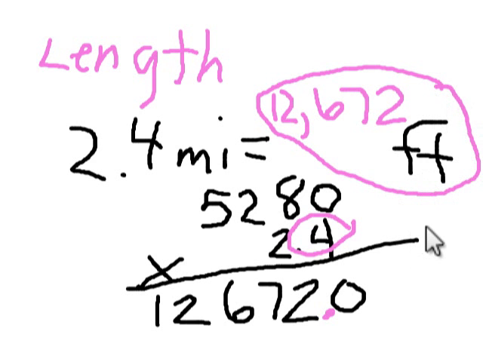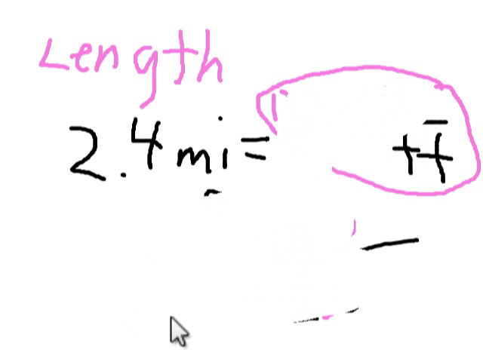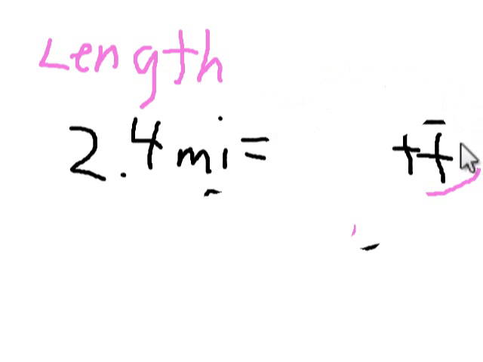Okay, so we're going to do one more example, and the reason I want to do one more example is because I want to take this same idea, and instead of changing 2.4 miles into feet, we're going to change 2.4 miles into yards.